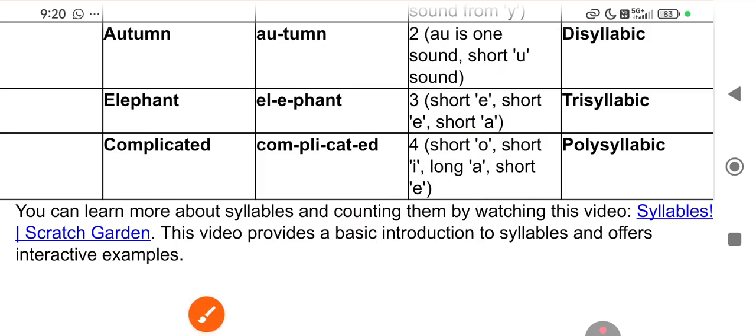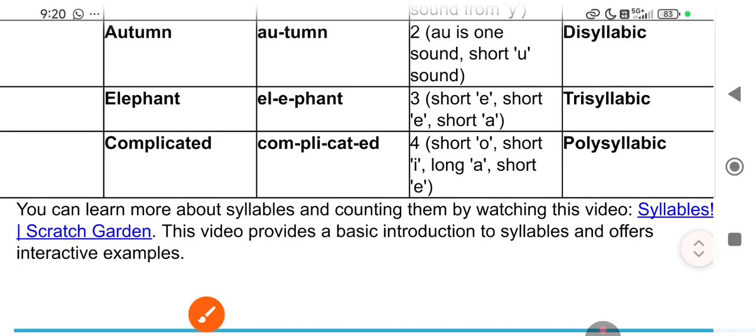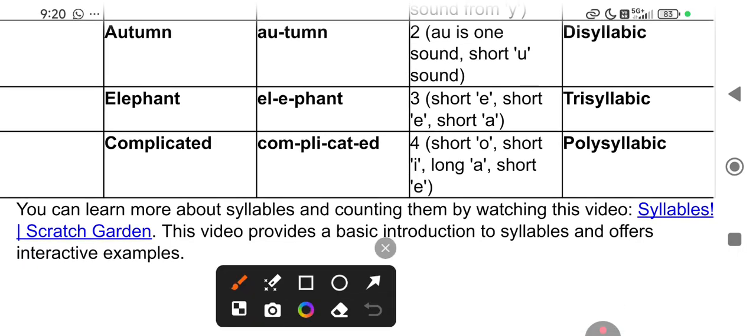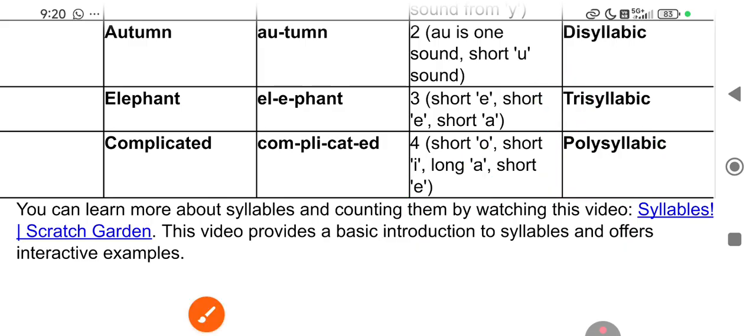Okay. Now next is elephant. That's elephant, trisyllabic. Then complicated, complicated.